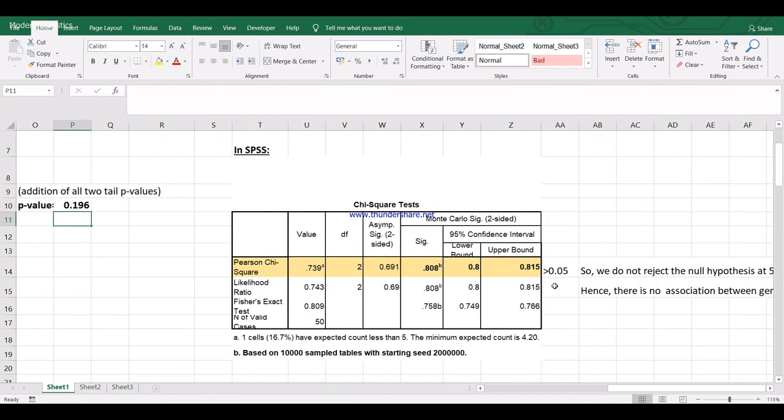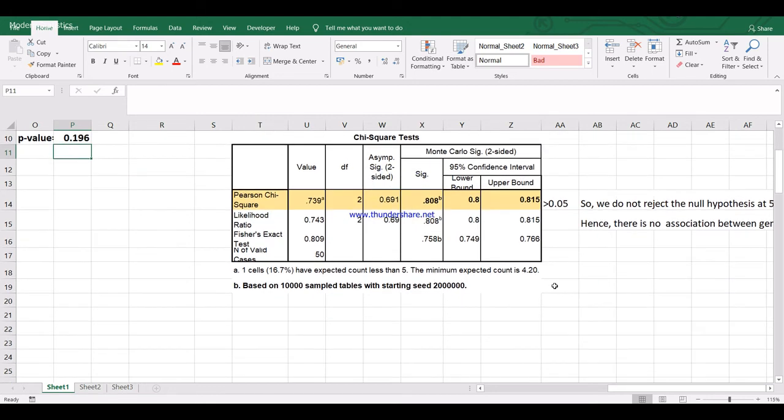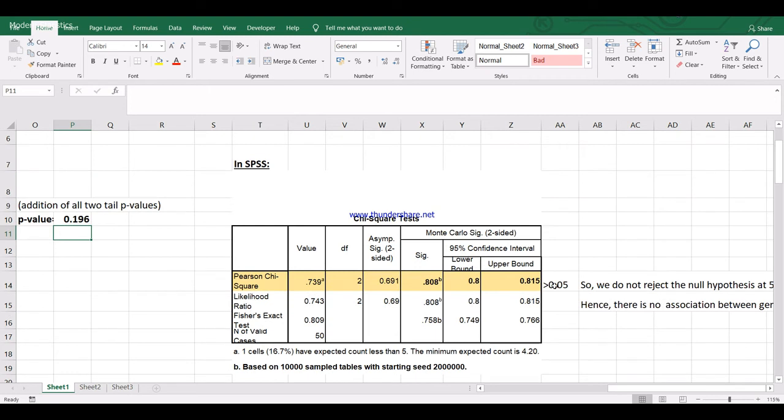Now let us compare our answer in SPSS. So I asked SPSS to do Pearson chi-square test by Monte Carlo method, and its p-value turned out to be 0.808, which is more than our p-value. But why is it so?